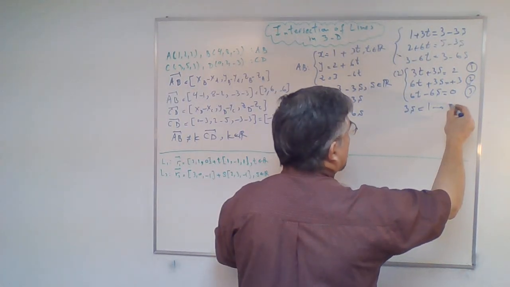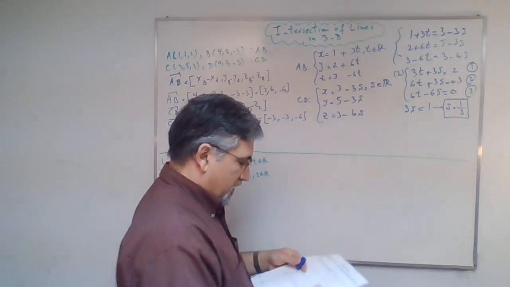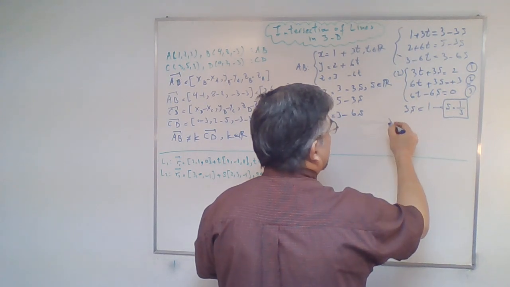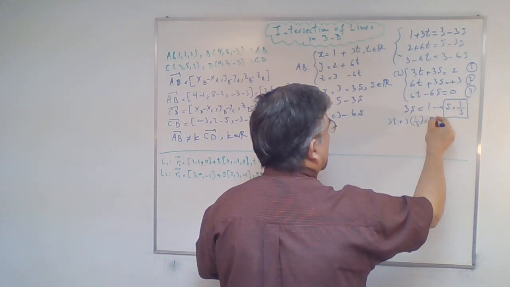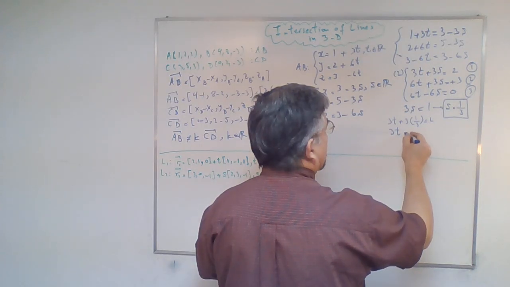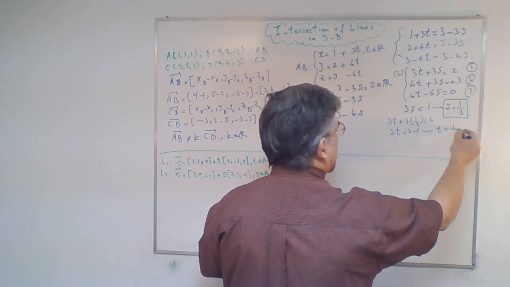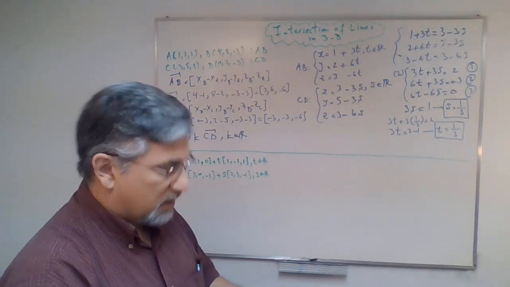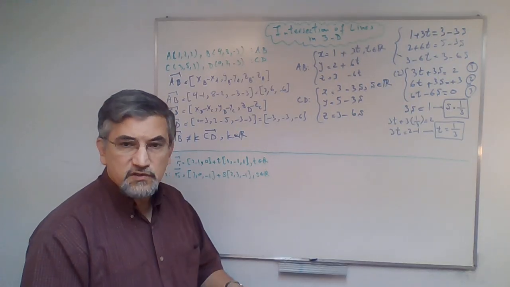So from here, s equals 1/3. We found s, substitute back to find t. So we say 3t plus 3 times 1/3, which we just found, equals 2. So 3t equals 2 minus 1. That means t is equal to 1/3. It was just a coincidence that we got both t and s values the same. Not always are they the same.